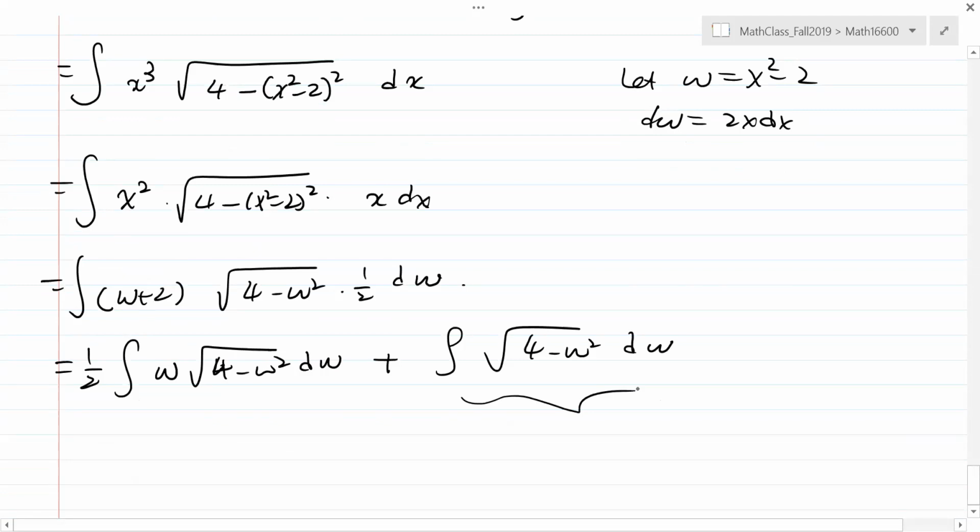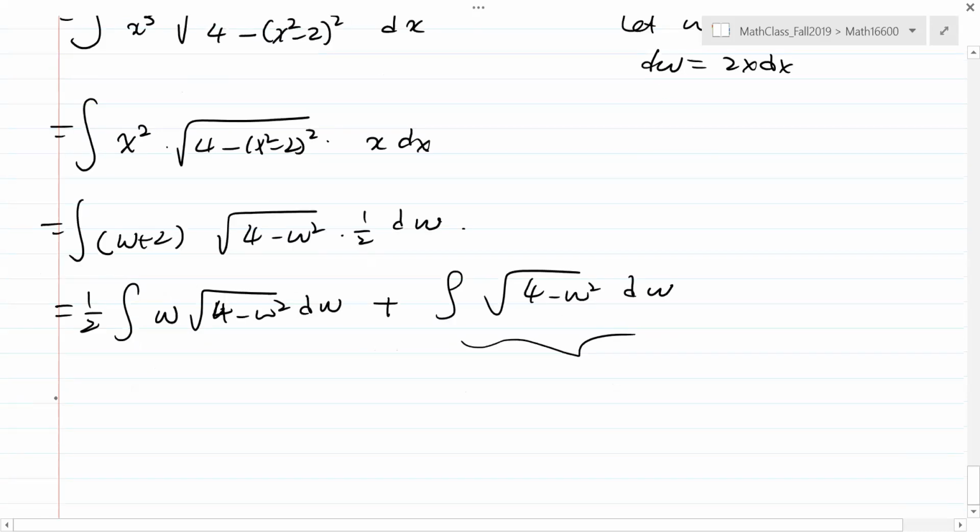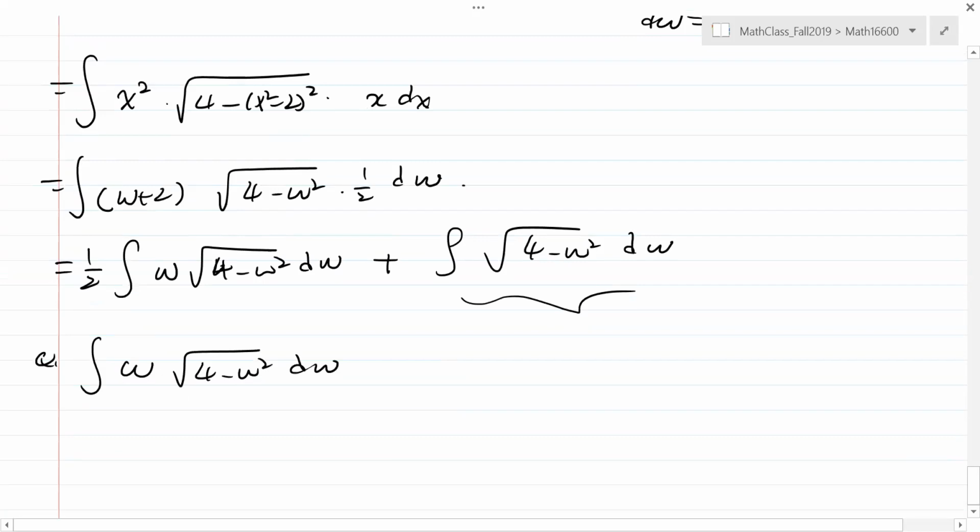Yeah. So we can give you two different problems on the test. The first one, let's do that, right? We come back to this. Just evaluate this integral, right? How do you do that? Just simple substitution. Okay, so let y be 4 minus w squared.